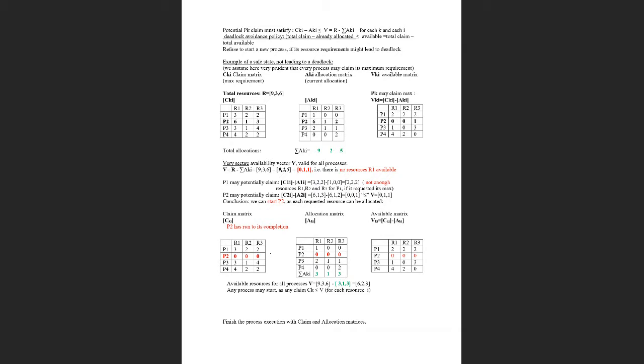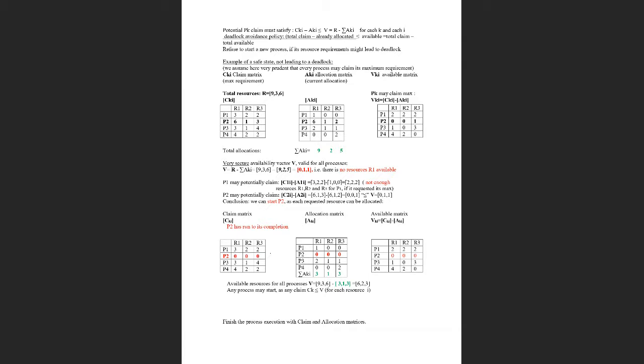So we have total resources 936, allocated 925. So we have certain freedom of action. The second and third resources are still available, while the first one is not. And now available is the difference between C and A. Process 2 has 0 available resource 1, 0 available resource 2, and 1 available resource 3.